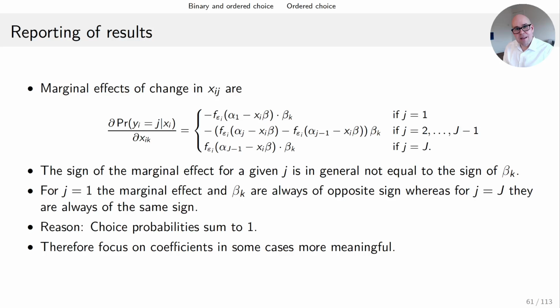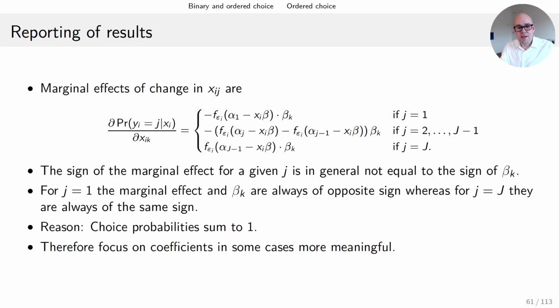Now, in the ordered choice model, what I actually do have is capital J outcomes that can potentially be recorded. So yi can go from 1 up to capital J. For that reason, I get more than one marginal effect. And it's worth looking at this in more detail.